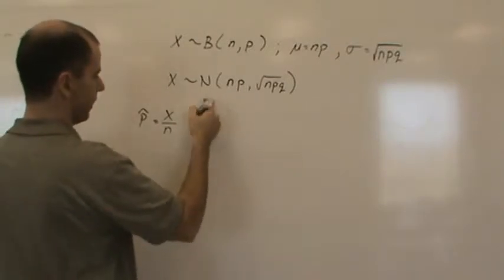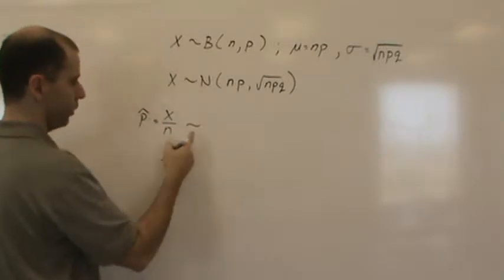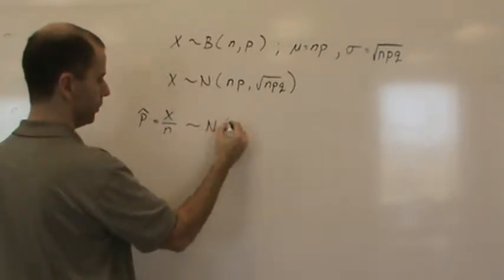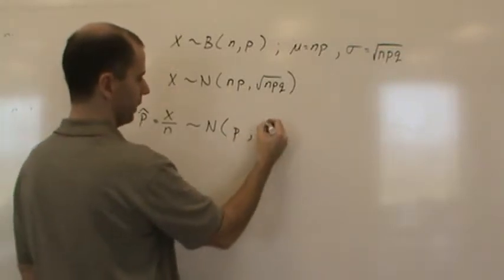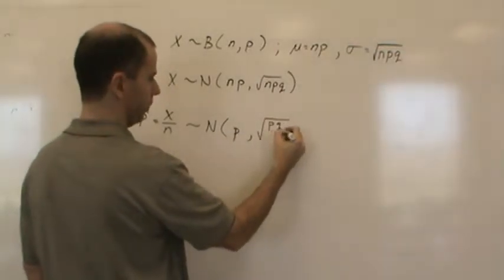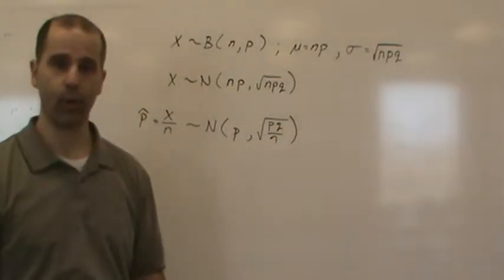And so based on this, it makes sense that x divided by n would also have an approximately normal distribution, and then we just divide everything by n and we get p and the square root of pq divided by n. So we saw that in chapter 6, and I showed how to derive that.